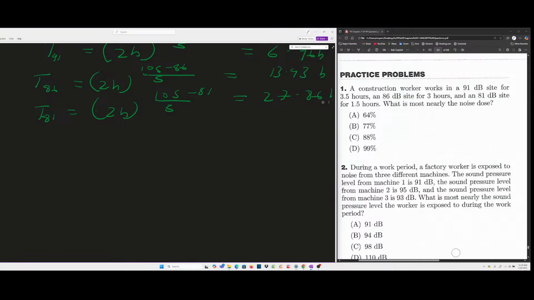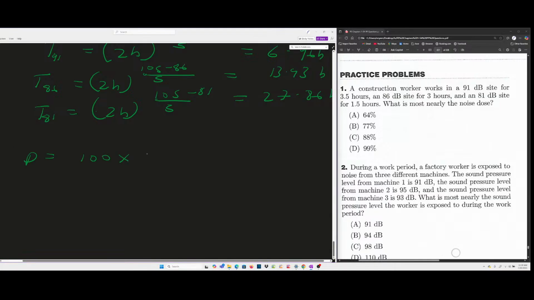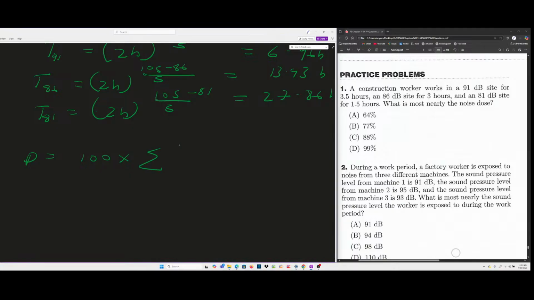So the noise dosage is 100 multiplied, this is the formula, by the summation of the time they were working, C_i, over the exposure time limit, T_i.